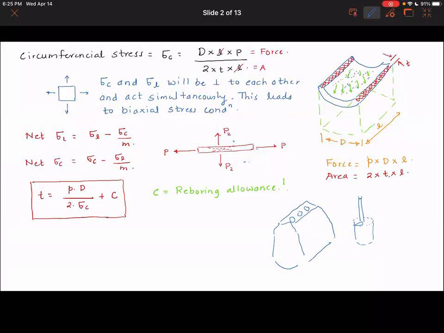So rather than replacing the entire block because there is a piston cylinder seizure, it's easier to just remove the piston, bore the cylinder and put a liner or a new piston and get the whole assembly running. That saves a lot of cost.